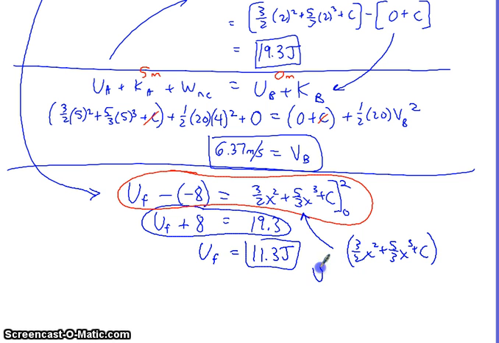Now that's equal to the final potential energy plus 8. So now the potential energy is equal to this same equation minus 8. And so I can adjust the U K W nc equation that I used earlier by just putting a minus 8 on this side. Of course I'd have to then put a minus 8 on that side, and they would cancel out, and we would get exactly the same answer.